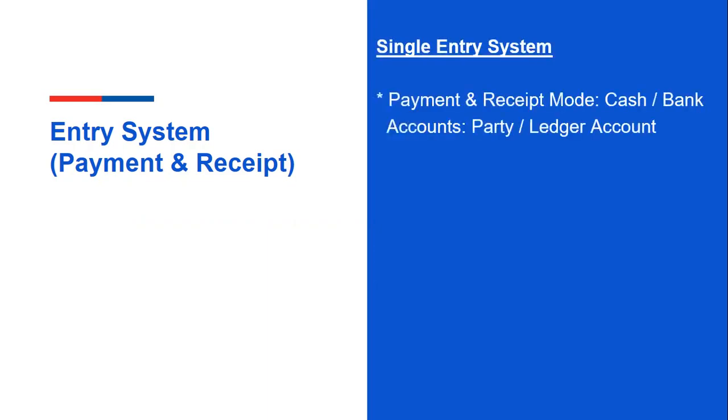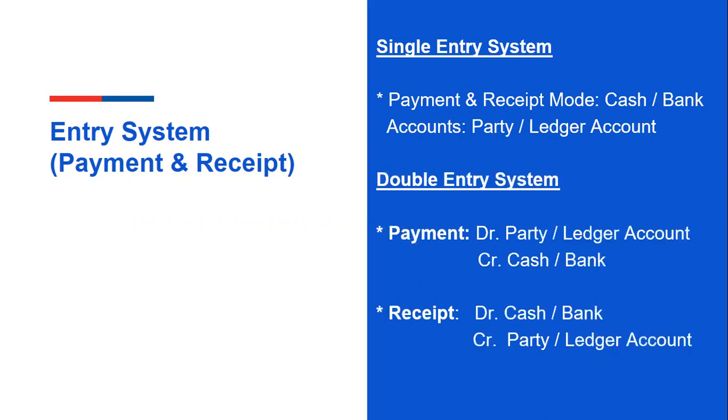Next is the entry system, payment and receipt. In Busy software, we have two types of entry system for payment and receipt voucher: single entry system and dual entry system. You can enable this option in the voucher configuration.